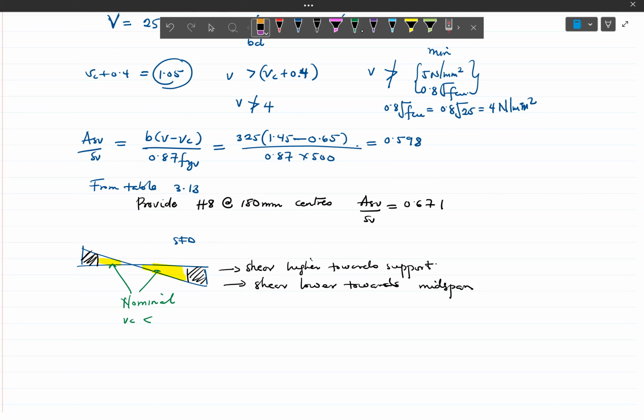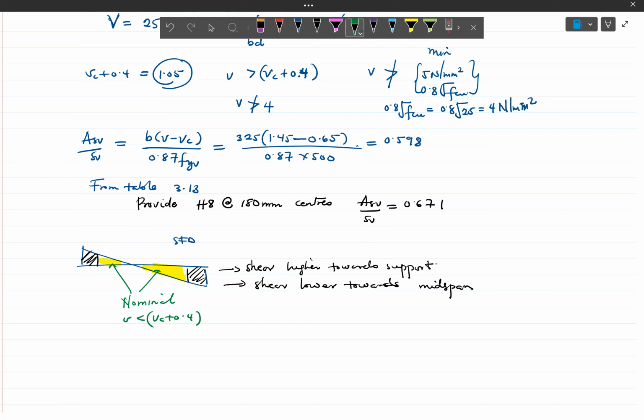So with nominal, we are assuming that our v, small letter v, is less than vc plus 0.4. That's for the nominal.